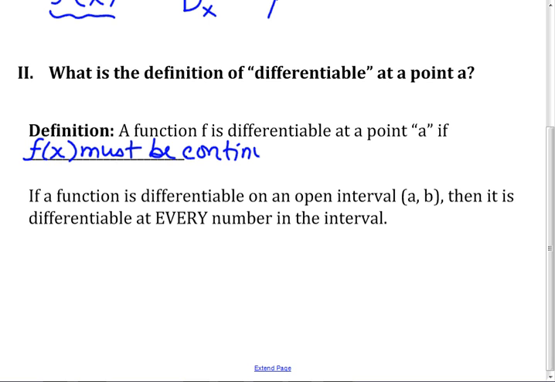And then you're going to get a little bit of logic today. If you haven't studied logic, that's a whole course you could take in college. It's actually quite interesting. If the function is differentiable in an open interval, then it's differentiable at every point in the interior. Okay, a function is differentiable if the function is continuous and the derivative exists.